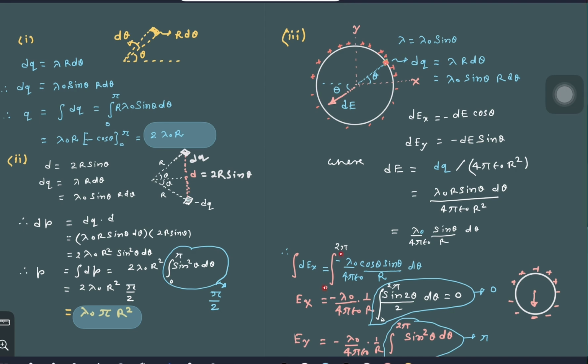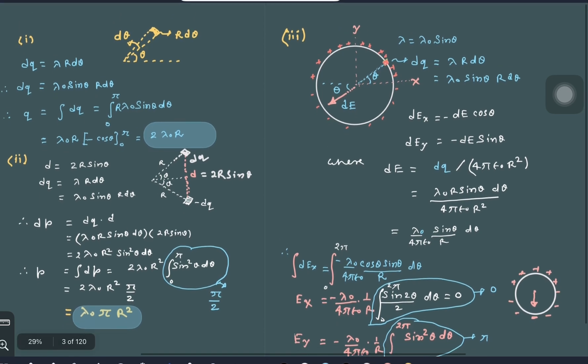I have done it here 0 to 2 pi because I have not used this angle along with this. This part is covered by this only. So we will get this as 0. If you integrate it, it will be sine 2 theta by 2, and the integral of sine 2 theta from 0 to pi is simply 0.